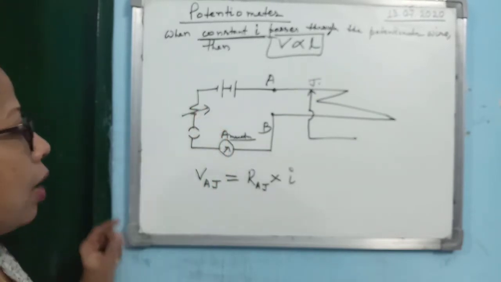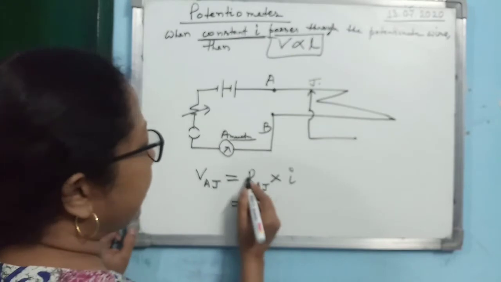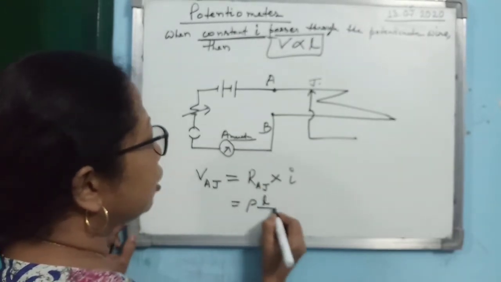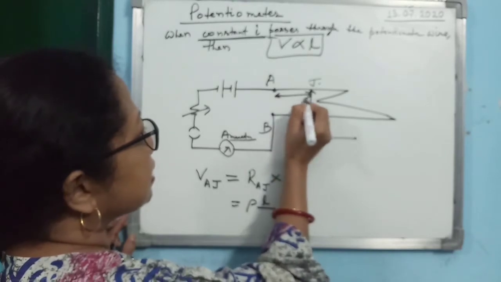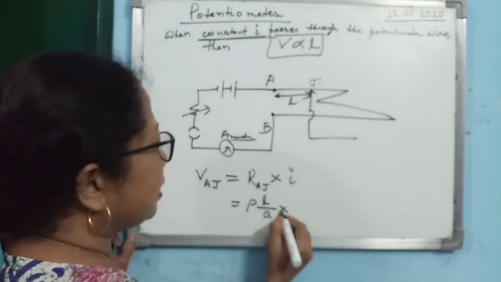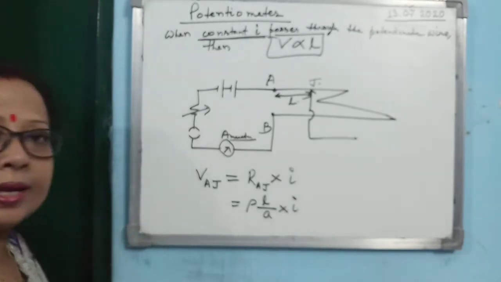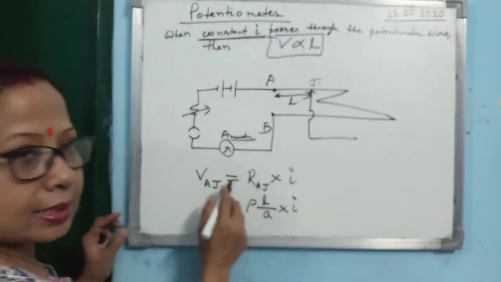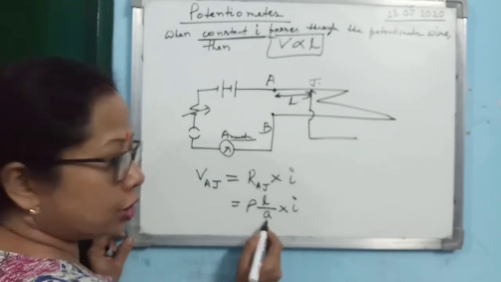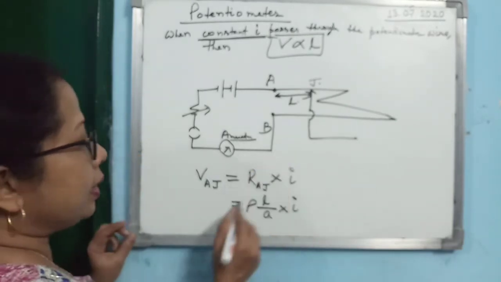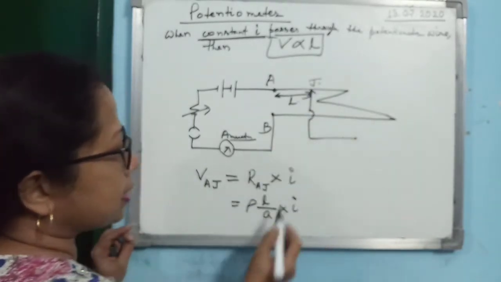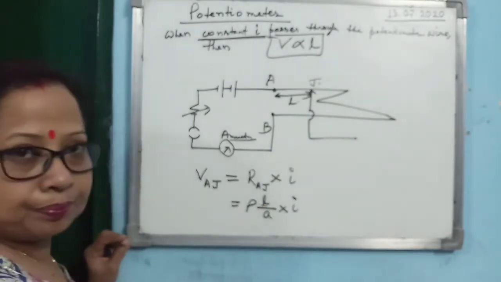Now you see here, V can be written as rho into length of AJ. If I consider this length is L, divided by cross sectional area A, into I. What is the resistance? Specific resistance into length by cross sectional area. Now when you are taking the jockey at different places, then L will change.